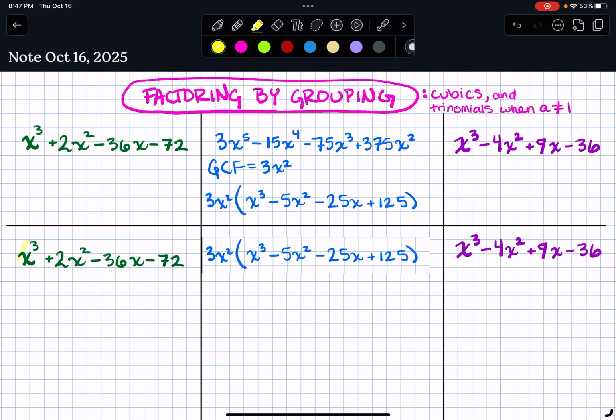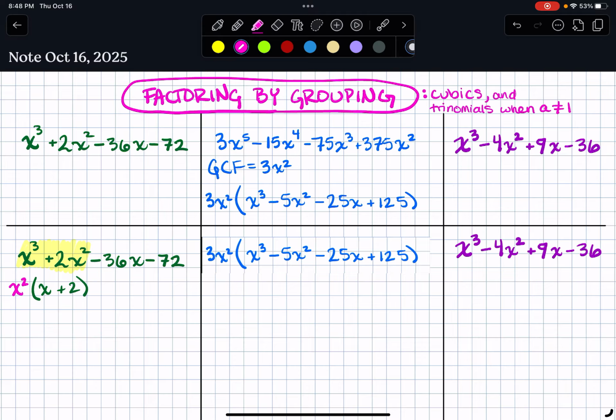So in my green expression, I'm just going to look at these two: x cubed plus 2x squared. Both of those have an x squared in them. So the GCF of the first 2 terms is x squared, which leaves me with x plus 2 just for the front.